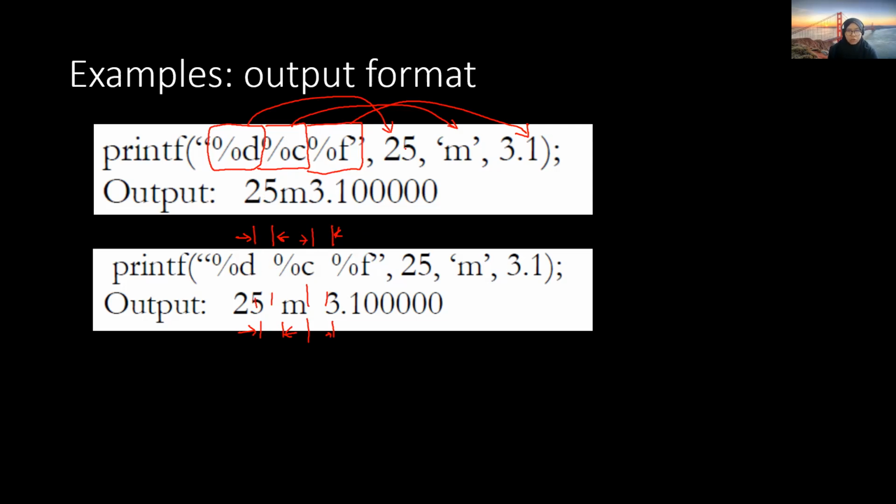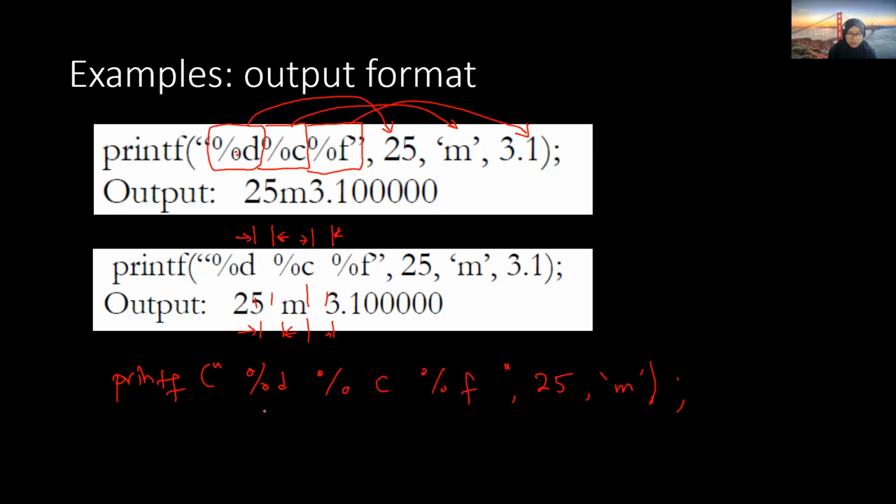So the first goes to the first entry outside the quotation marks, and so on. So please be careful, sometimes, for example, you might have something like this. I'm saying printf %d, and then %c, and then %f, you have 25, and M, and just like that.